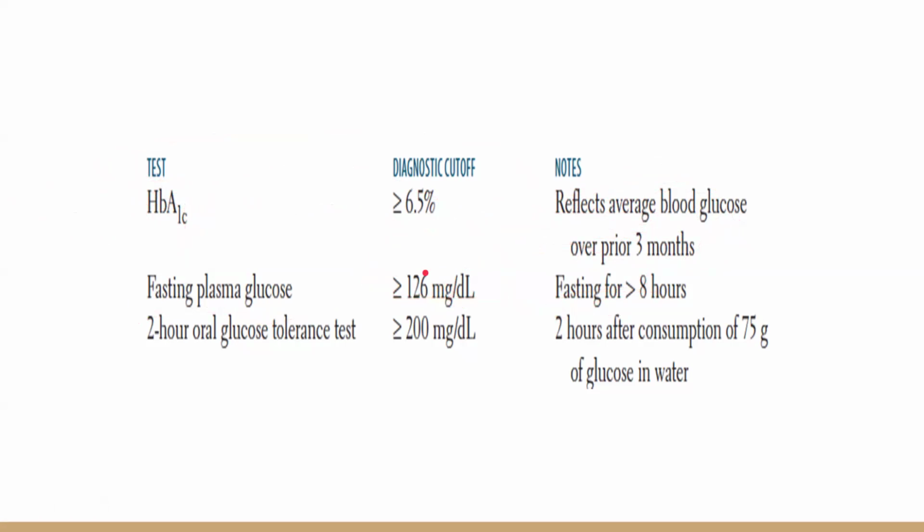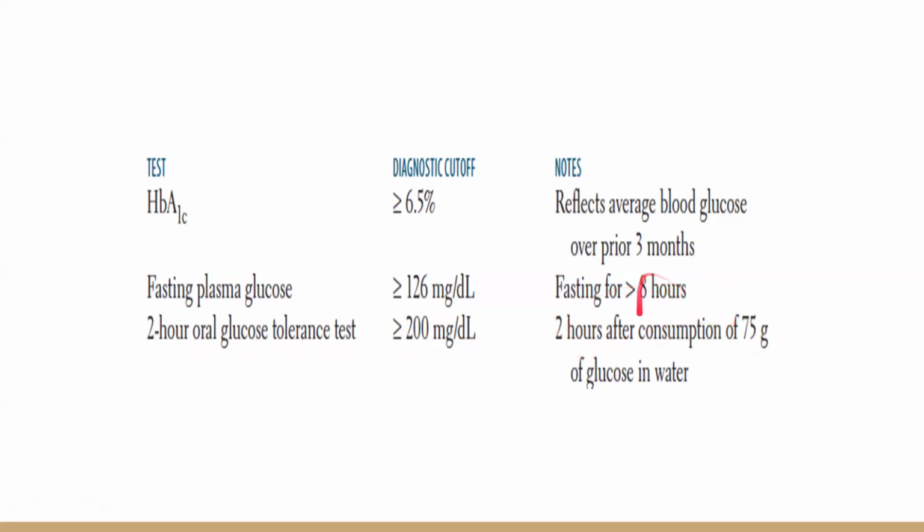But the most important test for diabetes, which he mentioned, is the 2-hour oral glucose tolerance test. It should be greater than or equal to 200 milligrams per deciliter. So what they do is they measure the patient's fasting blood glucose, of course.